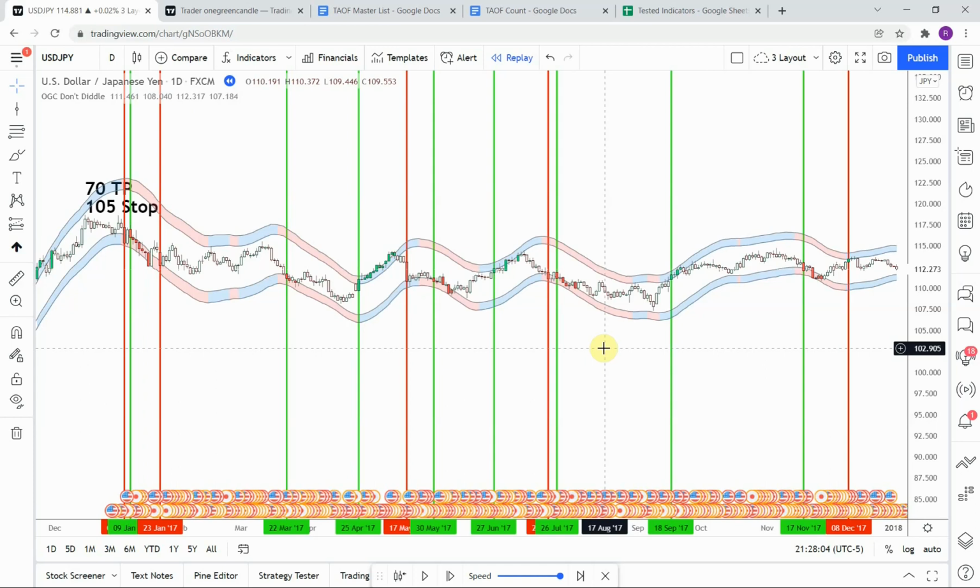But all in all, for a decent kind of confirmation type indicator or a trend kind of indicator, then yeah, it didn't do too bad of a job at all. And so this one is going to go on the yes list, and we will move on to the next indicator from here.